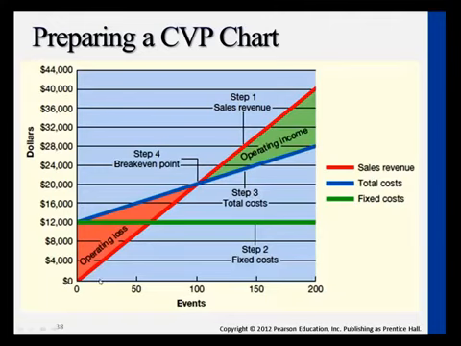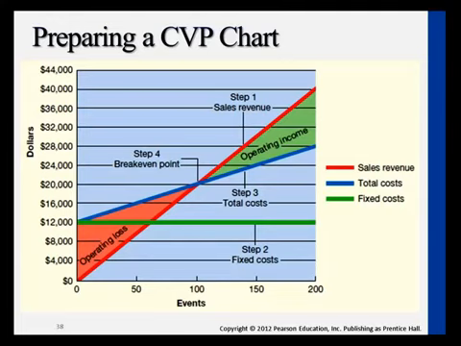Okay? When I'm putting on sales revenue on the graph, what do I have? I have 0, 0, right at the origin, because at 0 events I have 0 revenue, right? And then I'll also put the one right here. At 40,000 I have 200 events. And how did we find 40,000 at 200 events?